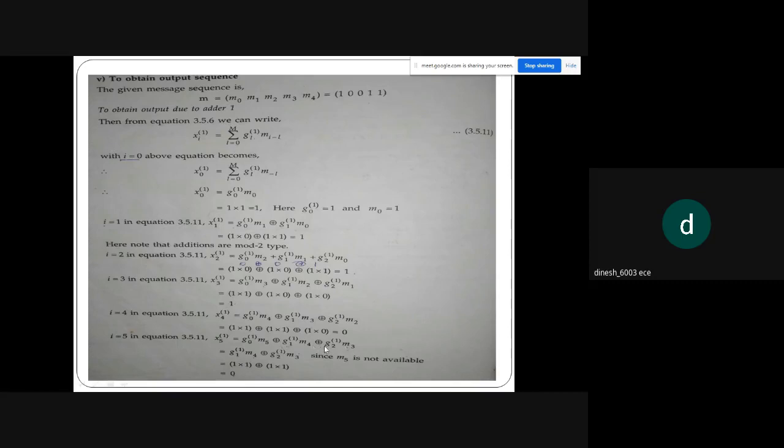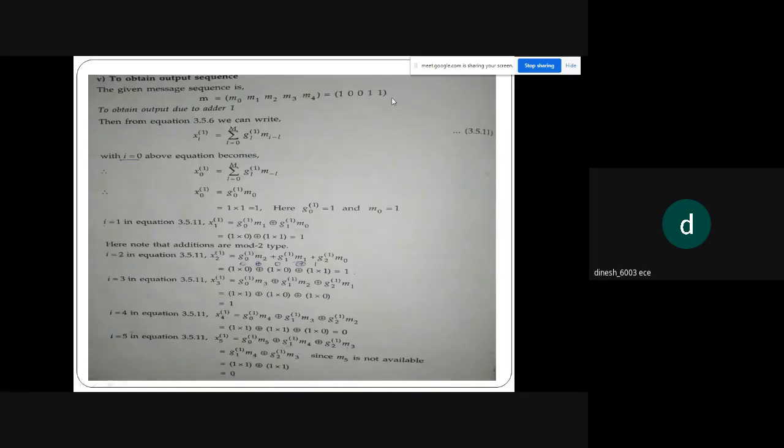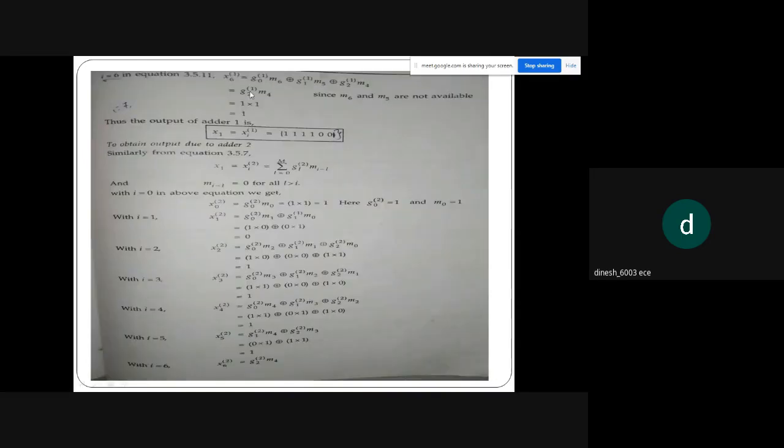Only these two are available, so substitute that. Then do i is equal to 6. We'll get m6, which is not there, then m5, which is also not there. So we'll have only g2 of 1 into m4. Since m6 and m5 are not available in the question, we'll get only this value.